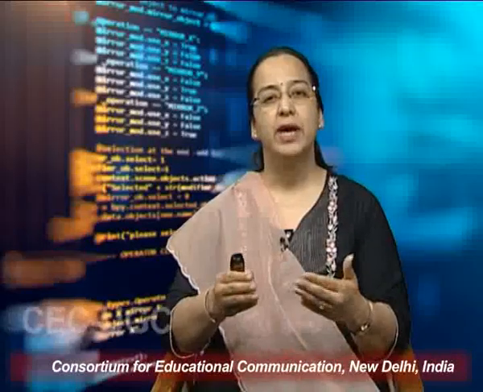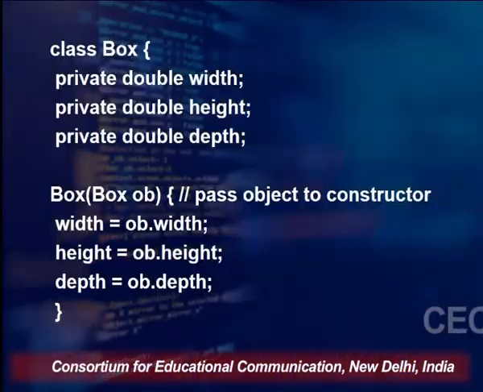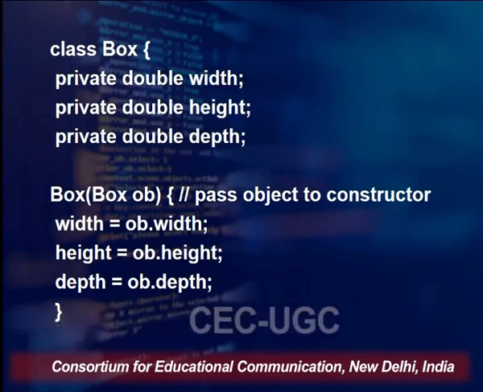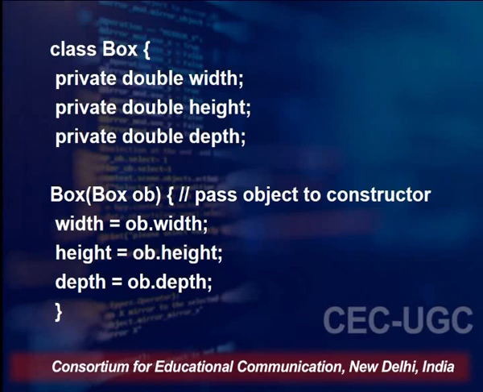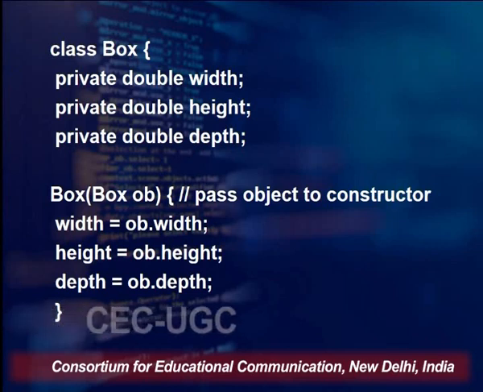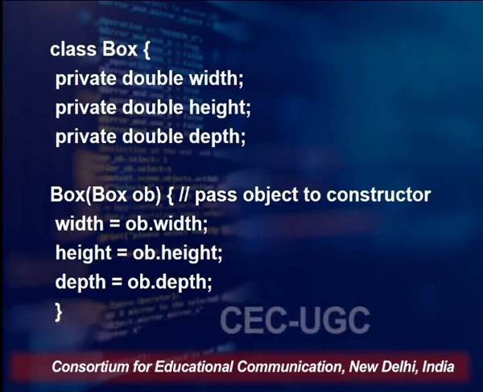Let us take this with the help of a complete full-fledged example. We have a class box with width, height, depth, all three private members, which we have already seen. Then the constructor in which an object is passed: width equals ob dot width, height equals ob dot height, and depth equals ob dot depth.